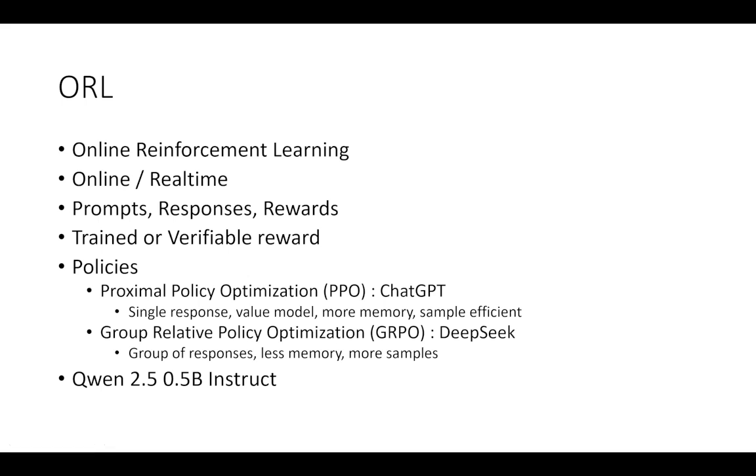So again, ORL is online reinforcement learning. Now this happens in an online or real-time fashion, which is slightly different from the earlier two techniques. Here we have a prompt, response, and a reward. The reward can either be trained or verifiable. What do I mean by that? Trained means whatever label you have given to a response is what it will be trained on.